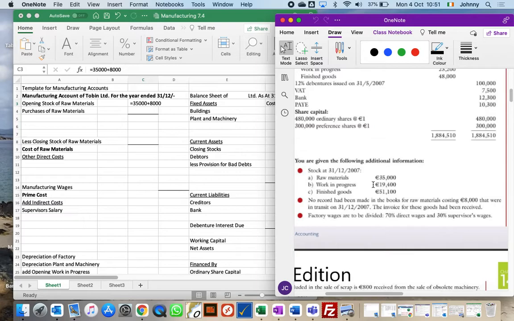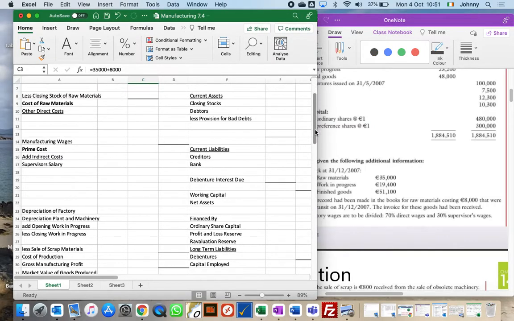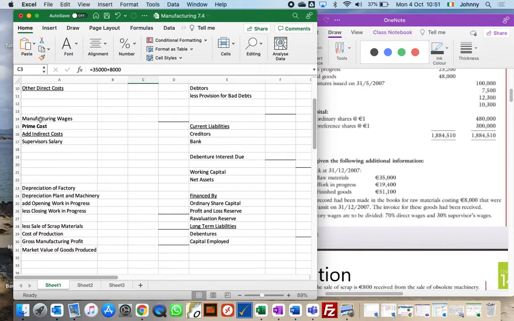So, work in progress. So that means when I look at my manufacturing account, down the bottom of it, I'll have all of my costs. So prime cost is the direct cost of making the goods. We'll add indirect costs and things like depreciation included in there. Opening work in progress. So this is stuff that was half finished at the end of last period. We'll include that. We would have spent money making that last period.